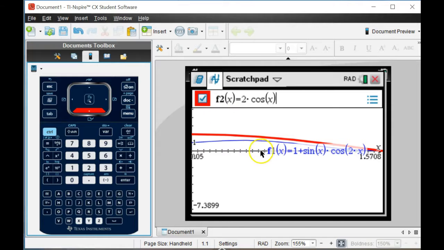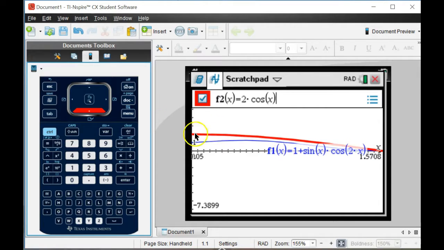Keep in mind, I could graph in polar if I wanted to, and what I would get on my screen matches exactly what I see on the paper. But when it comes to the computations, I find it a lot easier to just have your calculator graph in rectangular mode and do the calculations in rectangular mode.